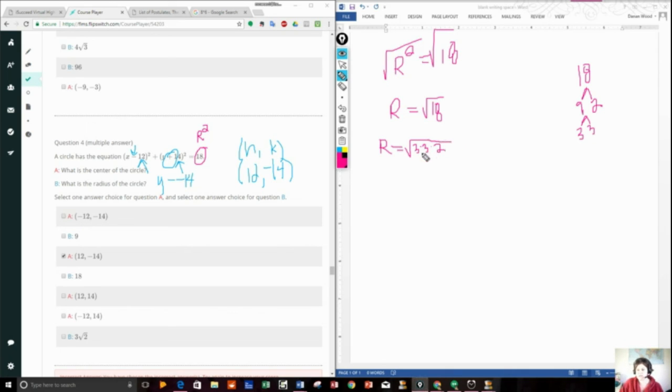All right, and with square roots, you have to have two of the same value. So I can bust those 3 out. So then I would have 3 square roots of 2. And so that's our exact value, 3 square roots of 2.